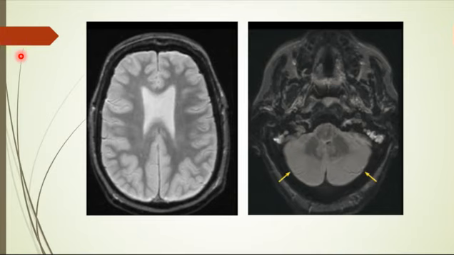He's an adult. Hyperintensity signal and what? Exactly. So there is increased T2 signal intensity seen affecting what? Affecting the brain, the cerebrum, sorry.